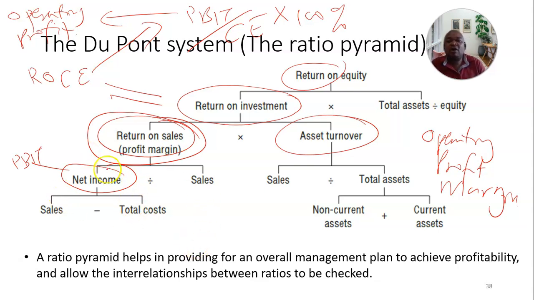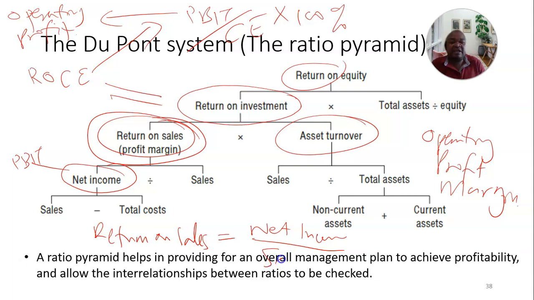All right. So in this case, we are saying that the return on sales here is then given by the net income over the sales.